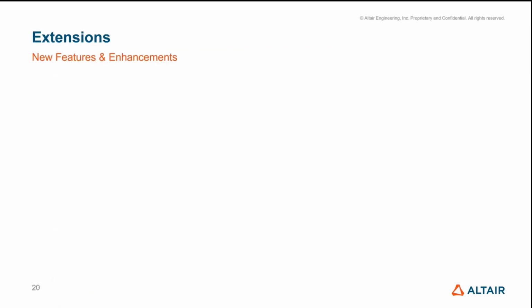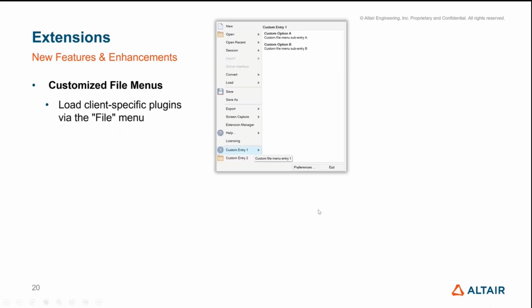So moving on to extension support. First thing I will mention is customized file menus. So you can have customized client-specific entries now in the file menu, and these can be loaded via the file menu using an XML approach.